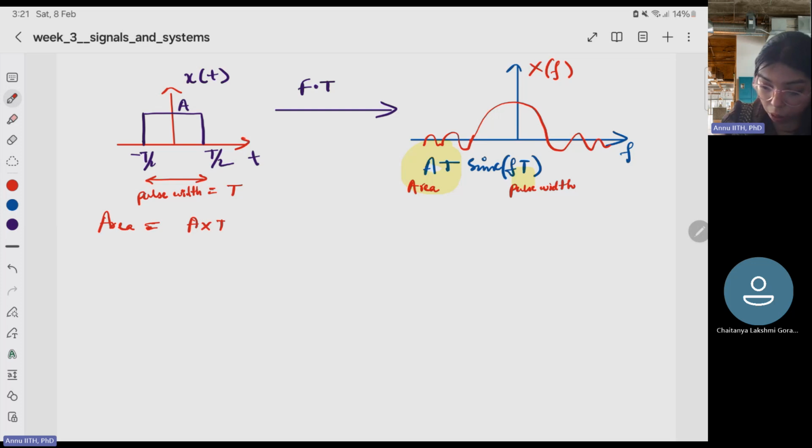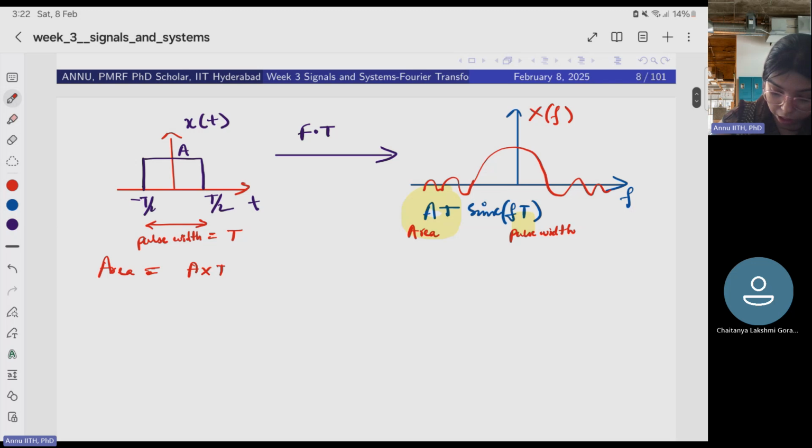Okay, so now what the duality states. I'm talking about the duality. It's very, very important. So in practice, in the time domain, I'm just writing it again.